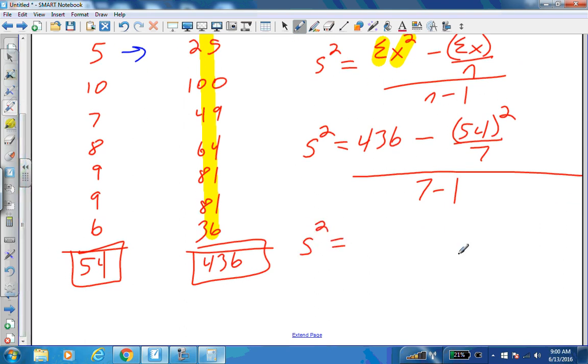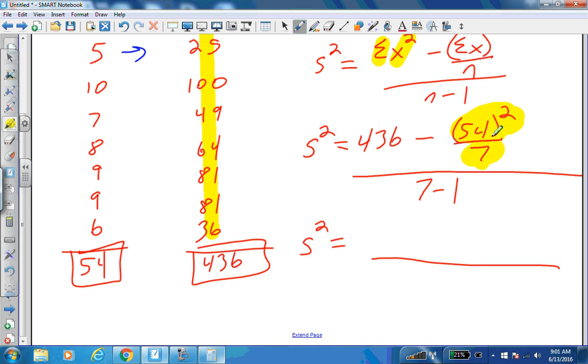So we have to be careful when we input this into our calculator, because if we try to put it all in our calculator at one time, remember our calculator is only as smart as the person putting things in. So if we tell it the wrong thing, then it's going to give us the wrong answer. Notice 54 gets squared, and then that gets divided by 7.